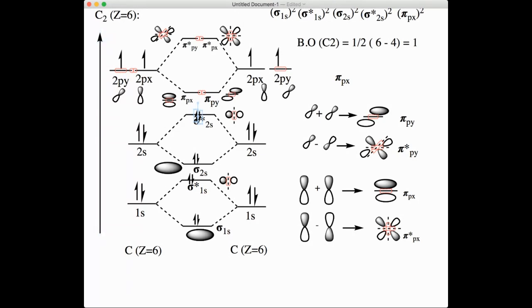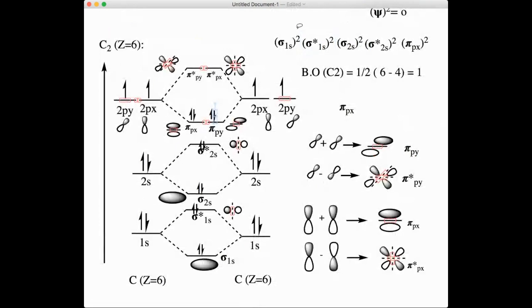I want you guys to pay attention, because even though the end result is the same, I like to do it well. So 9, 10, because they have the same energy, therefore I must place 1 in each, and then 11 and 12. Okay.